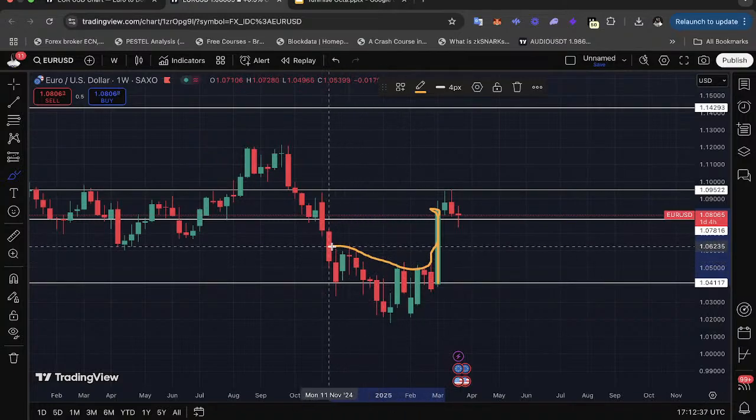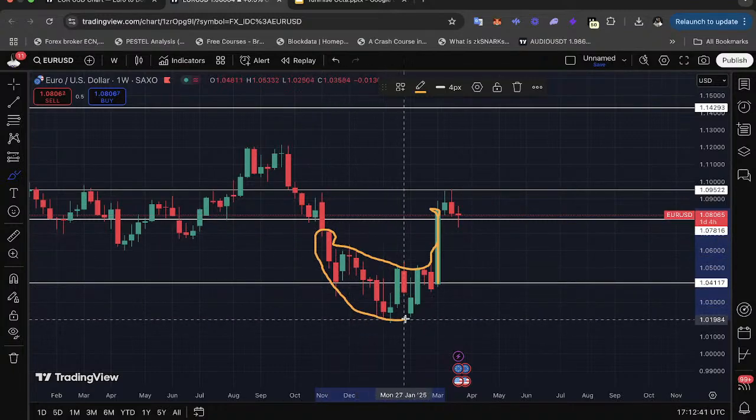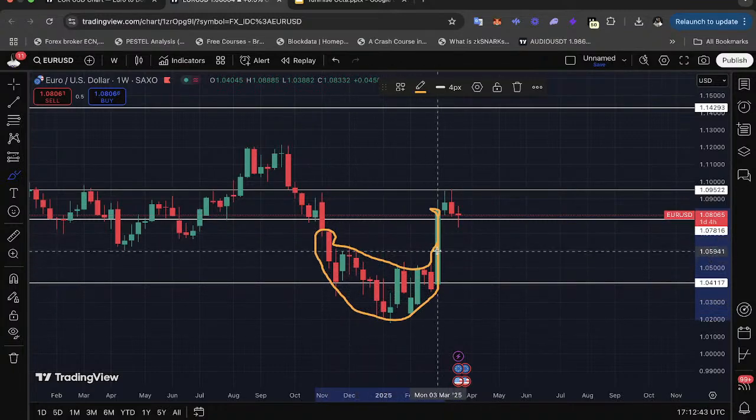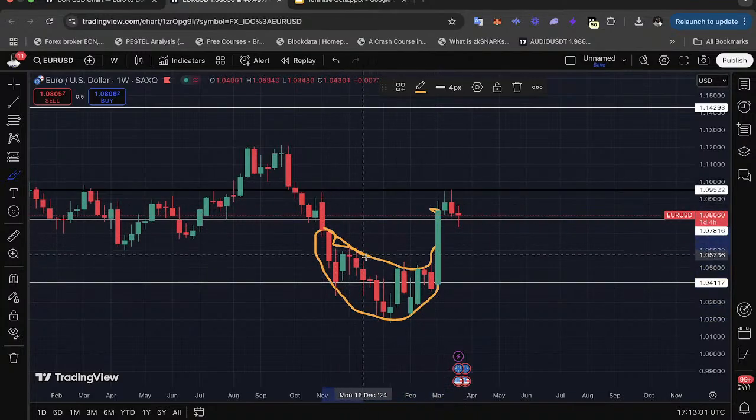Can you see? It shows the significance of the buying power that this candle carries. The candle closed far above every other candle here.